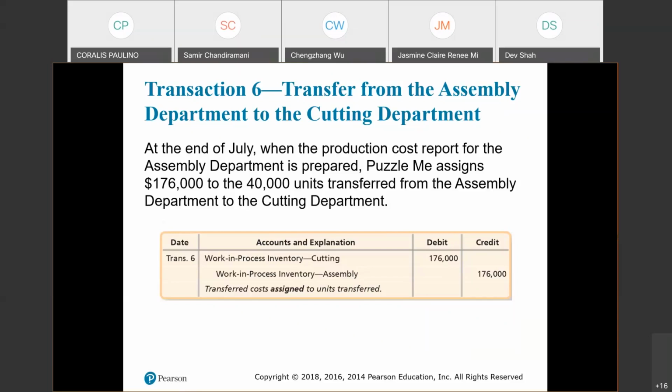For the transferred out department, we credit, and for the transferred in department, we debit, because the WIP inventory account is an asset account. The increase of asset accounts should be debited, while the decrease of asset accounts should be credited, for the same amount of money.